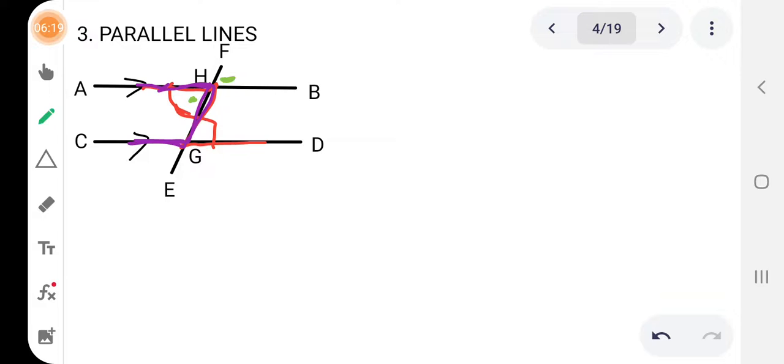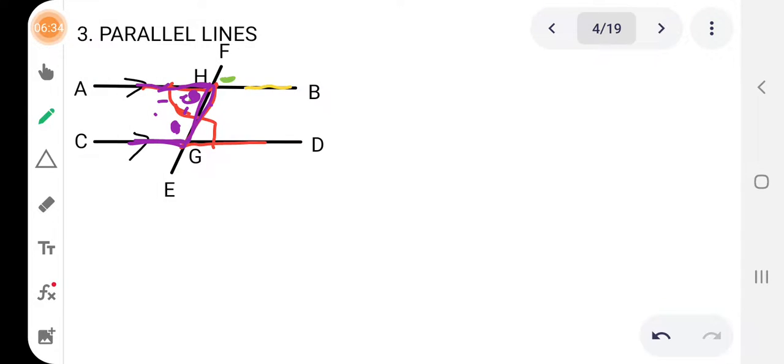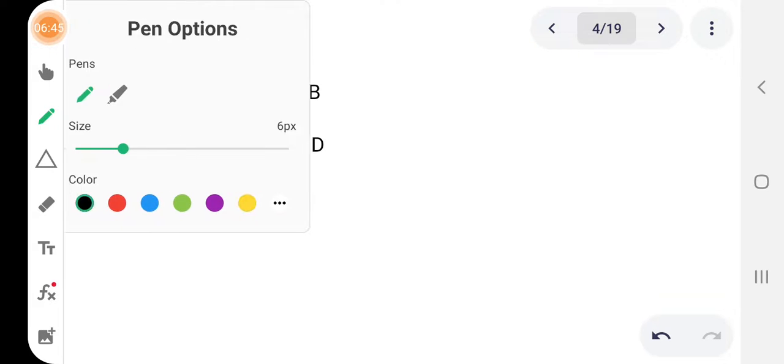We are simply saying that the angle here plus this angle is equal to 180 degrees. If you are going to have corresponding angles, I'm simply saying this angle here is equal to that angle there.